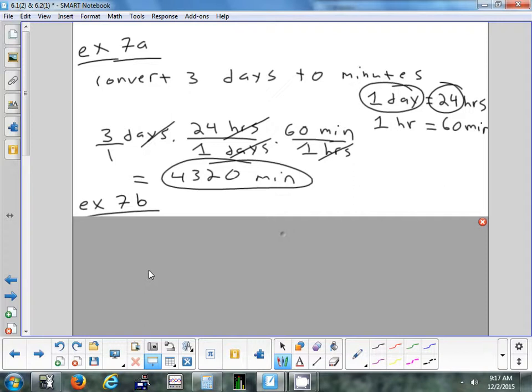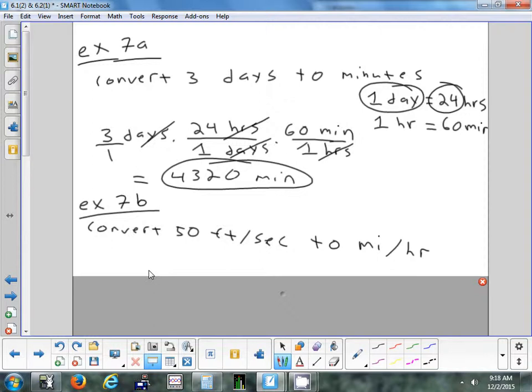Any question on changing days to minutes? Yeah, for the first one, for like 3 over 1, so it's like 3 days over 1 what? There's no unit there. Just the number 1. No unit with it. Would there ever be a unit there? Yes. So for this problem, it's a rate. We're traveling 50 feet every second.